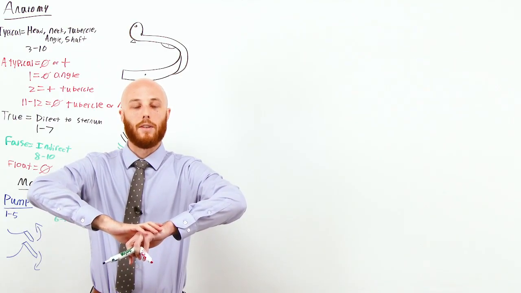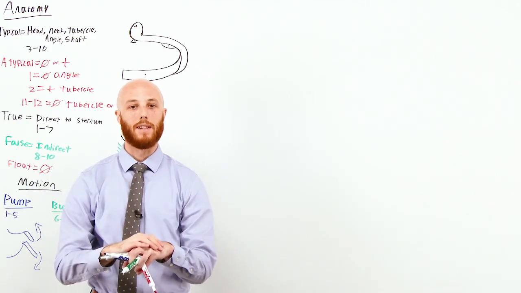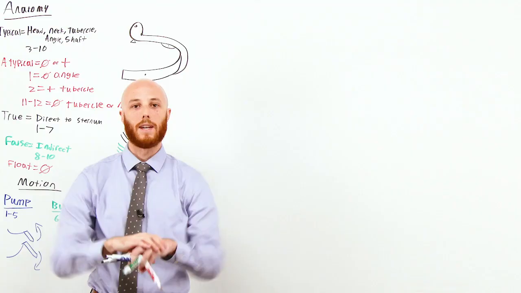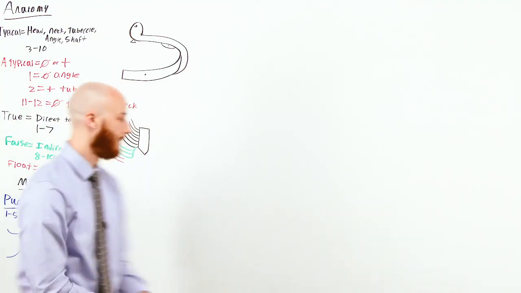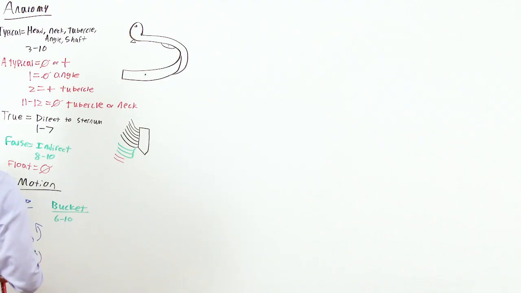And when I breathe out, they're going to swing back down into exhalation. So they move like a bucket handle, just like that. So if I'm going to draw this out, it will look something like this. Where this is the sternum, this is the rib, it moves up and it goes down.